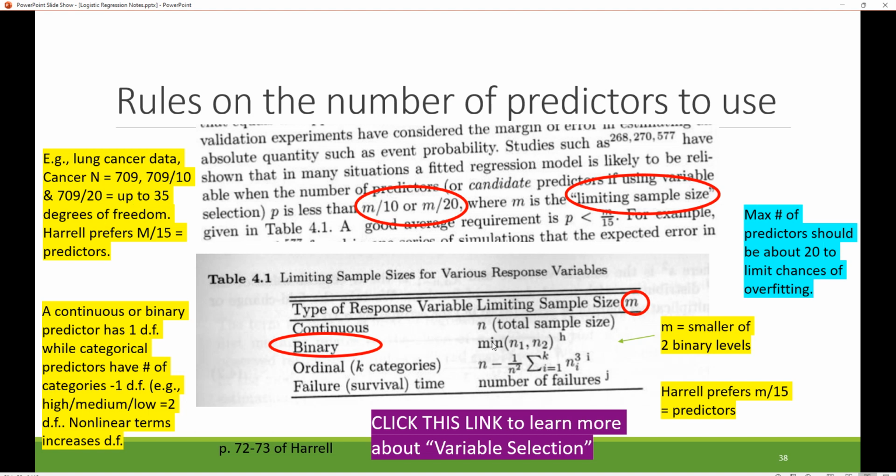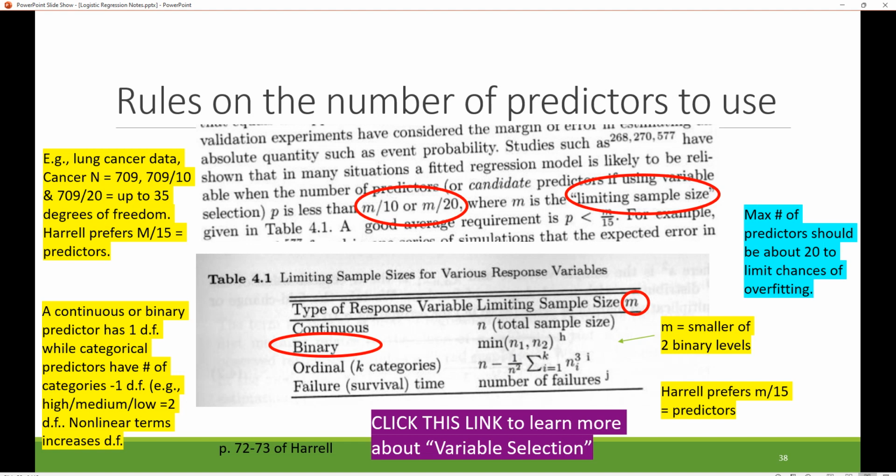From this section from Frank Harrell's book, he recommends using m divided by 10 or m divided by 20, and m represents the limiting sample size, which is limited by the number of zeros or ones you have, and you would use the lower of the two.